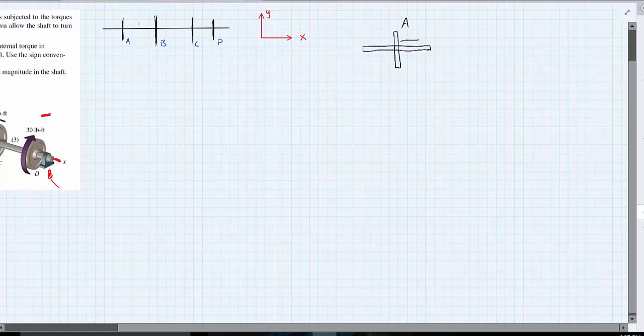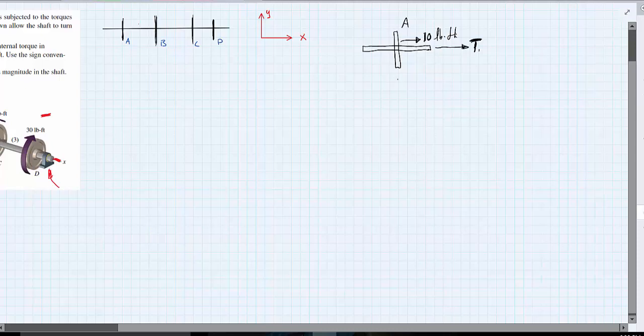This is point A. There's a positive torque of 10 foot-pounds, and then to resist it there is another torque that we'll just call torque 1. So if we sum the moments about x, because remember our axis that I drew here, this torque 1 and this 10 foot-pounds are acting in the x direction, right?